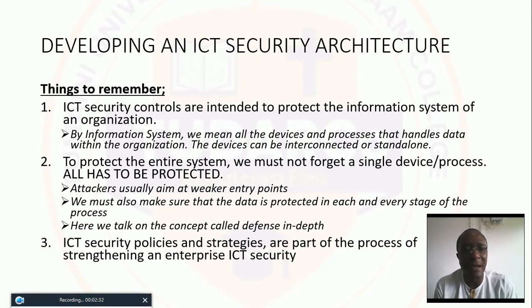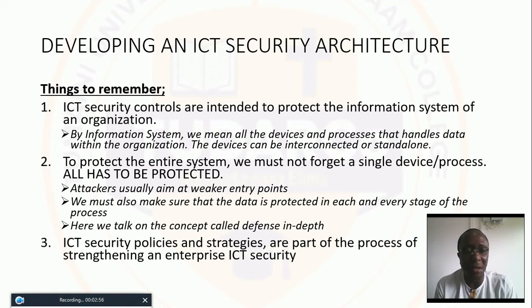The devices can either be standalone or interconnected, but all the devices handle and process information. Remember also that to protect the entire system, we must not forget a single device or process. All has to be protected.